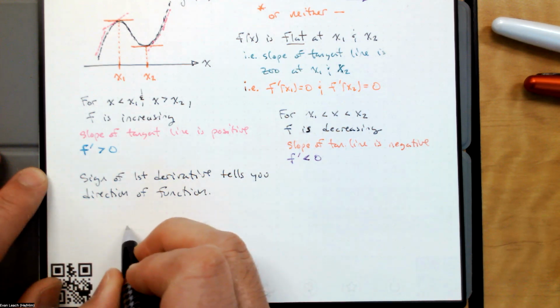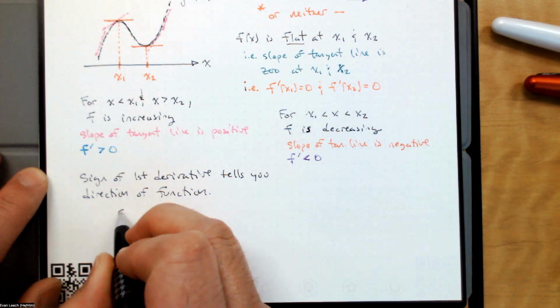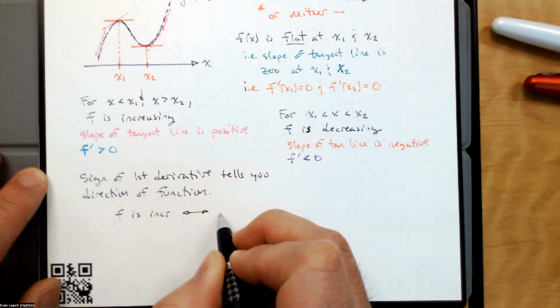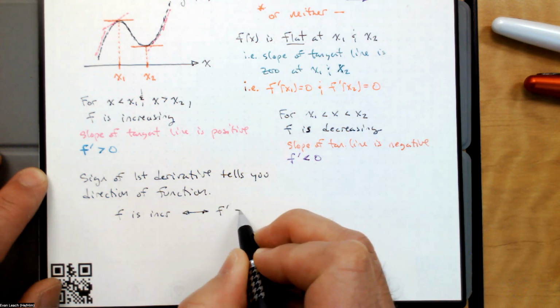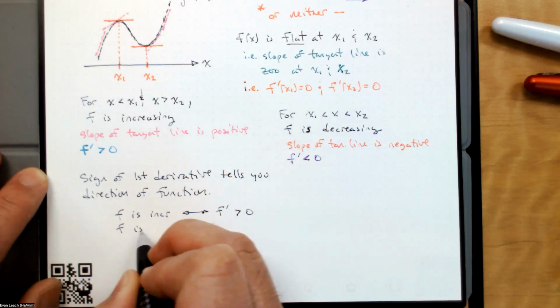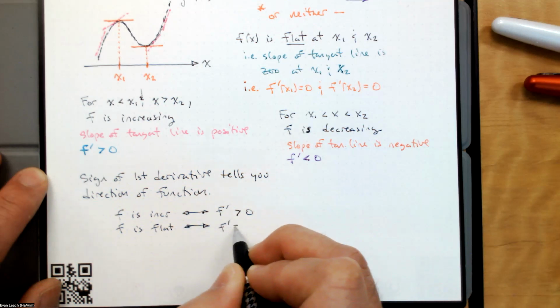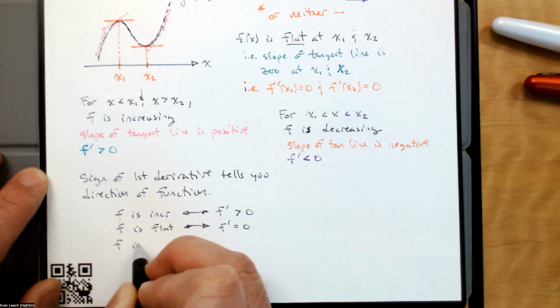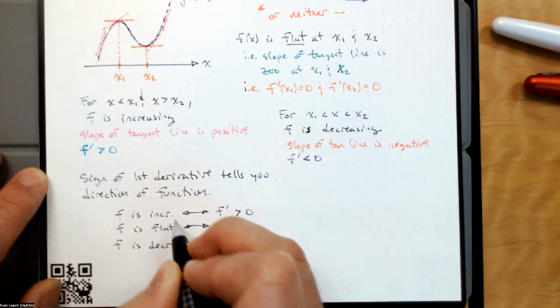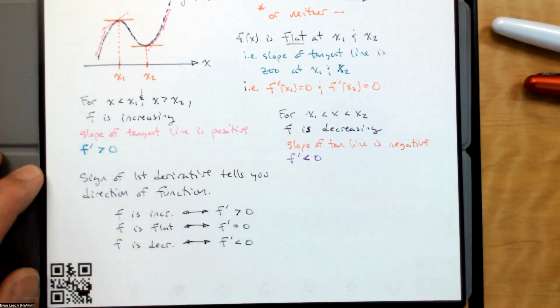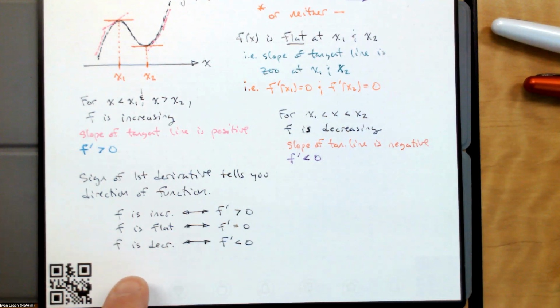The direction of the function tells you the sign of the first derivative, and the sign of the first derivative tells you the direction of the function. If you know one, then you know the other.